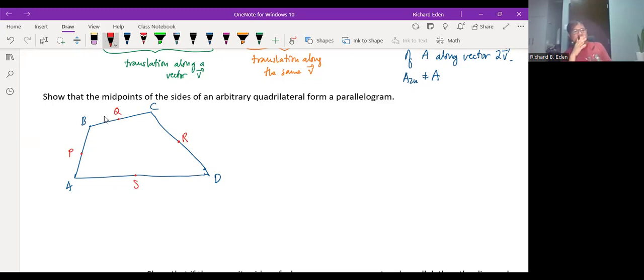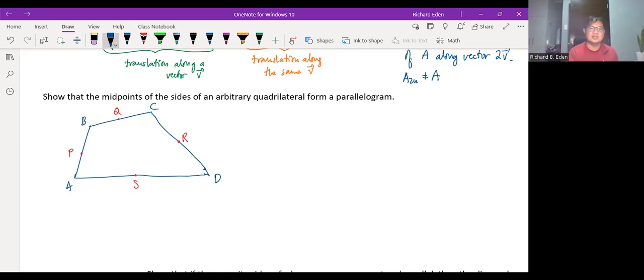So for example, P is the midpoint of AB, so that means if you do a half turn around P, the image of A is going to be B. Okay, and then if you do it naman along B half turn around Q, B will be brought to C. And then around half turn on R, C's image is D. And then around S, the image of D is A. Okay, so what we did here is 4 half turns.